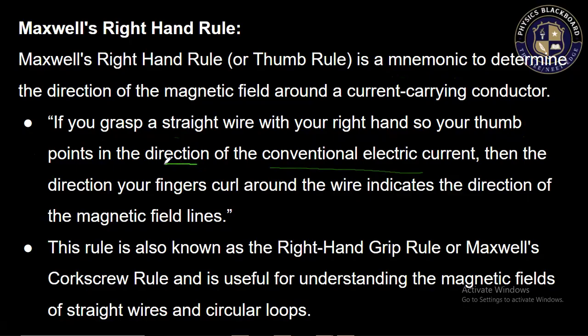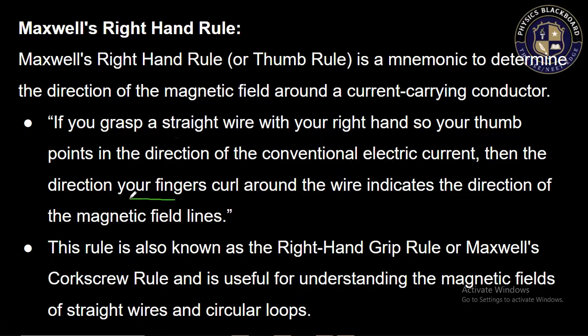If a battery is connected to a wire, the current direction will be from positive terminal to negative terminal. This is the conventional direction of electric current, right? So in the same direction, we should take the thumb pointing.